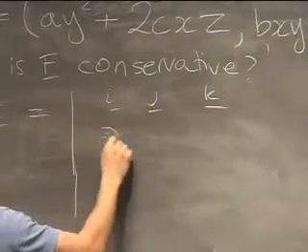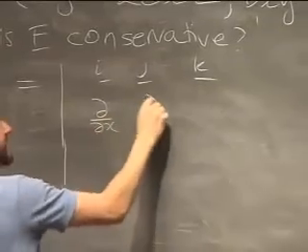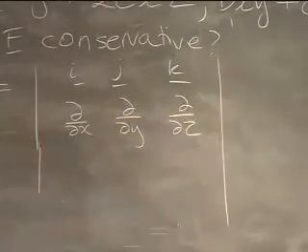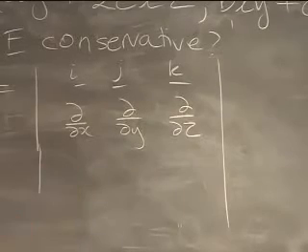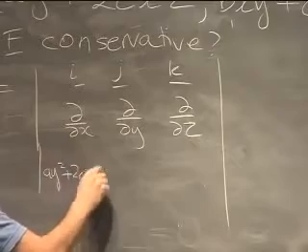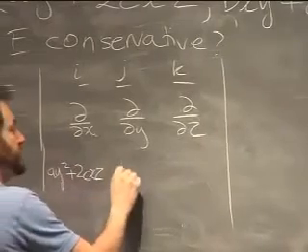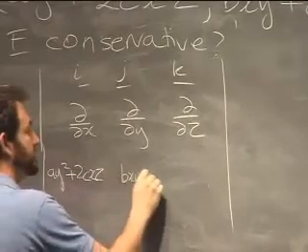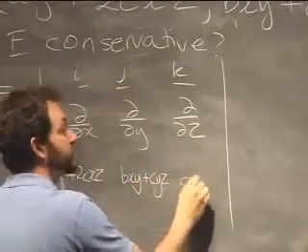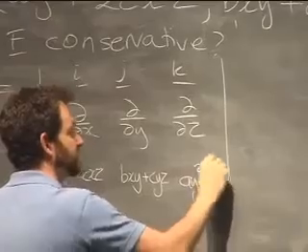Here you do d/dx, d/dy, d/dz. And then finally, you plug in these values, ay squared plus 2cxz in that entry, bxy plus cyz here, and here we have ay squared plus cx squared.